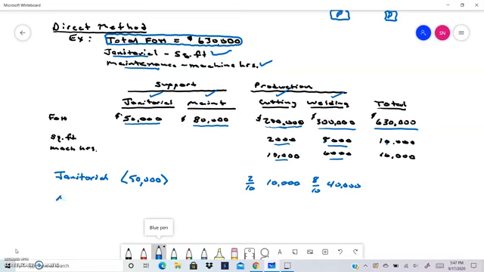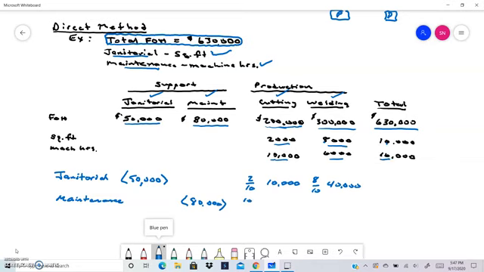For maintenance, we're going to go ahead and allocate the $80,000. And again, same thing, proportional to the number of machine hours. So here, in the cutting area, we had 10,000 hours out of a total of 16,000.